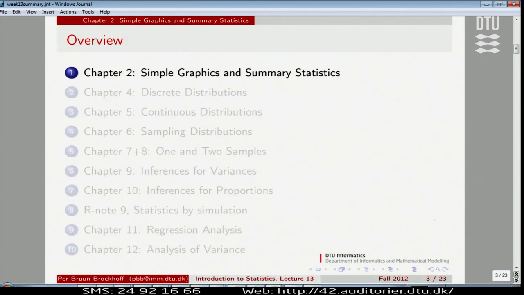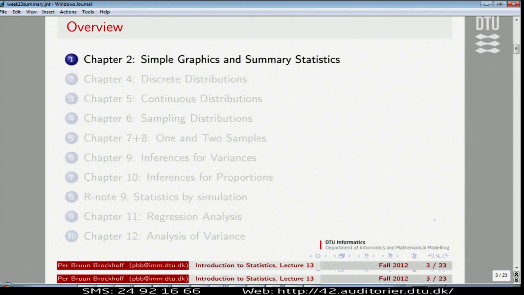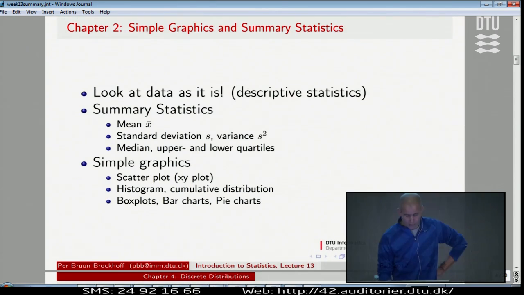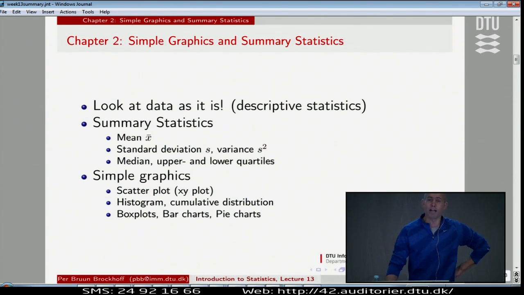Let's get started. The first thing I bored you with 13 weeks ago from chapter 2 was how we could start out by looking at data as they are. That was chapter 2 in the book. Here is some data. This course is about data. Of course, we should still look at the data like we started in 3rd or 2nd grade. We shouldn't stop doing that.